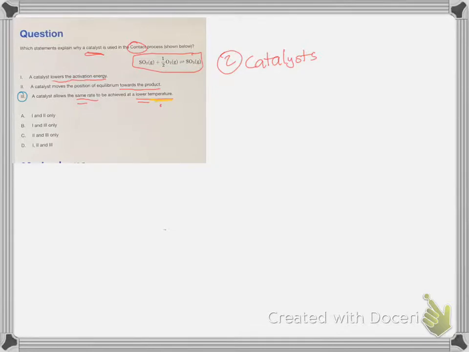Generally, a catalyst provides an alternative pathway for the reaction to take, and this alternative pathway has a lower activation energy. So a faster reaction will occur. As a result, more of the reactants will possess this lower activation energy, so the rate increases.